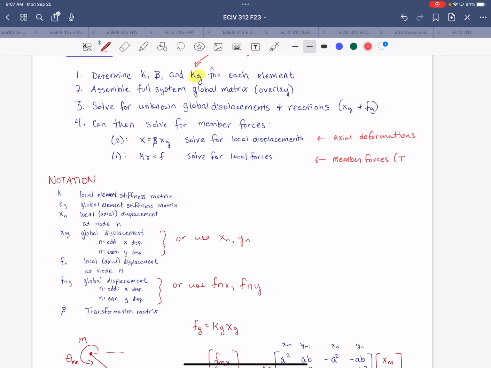Right, and those would be either in tension or compression. So I'll just point out a few other things, right? So global displacements, that's going to come from the first partition. And then your reactions will come from the second partition.